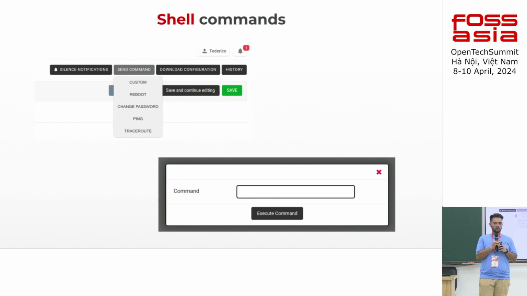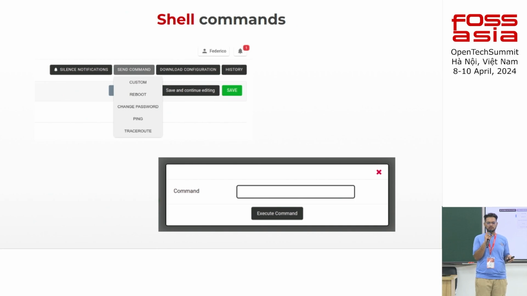Now we also provide support for executing shell commands on the device. From the web UI itself, you can execute commands directly on the device. We provided some basic commands which you just click on and they work, like reboot and change password.